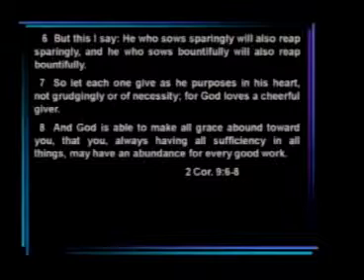God is able to make, you see the word all? Would you underline the word all? To make all grace abound toward you, so that you always, having all sufficiency in all things, may have an abundance for every good work.